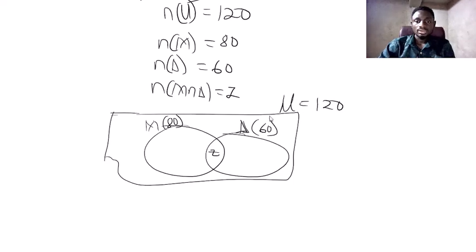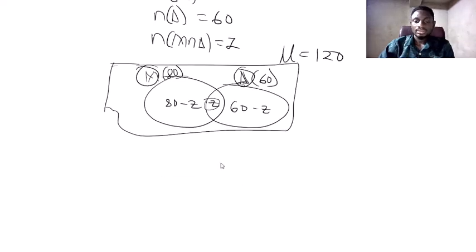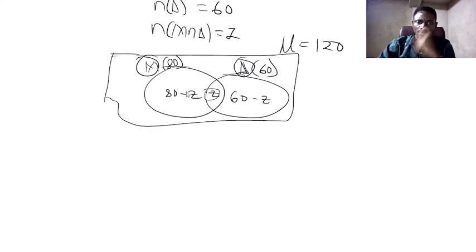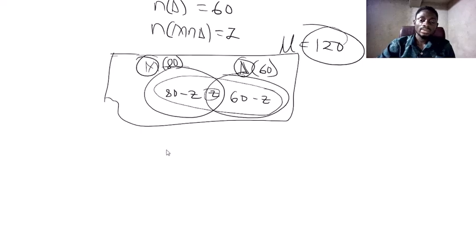So if you want to find the number of students who like music only, then we need to subtract the Z from 80. In that way, we're going to have 80 minus Z. Then, if you want to find the number of students who like dance only, we're going to have 60 minus Z. Great. Now, when we add all these three items in the diagram, it should be equal to the total number of students in the class.